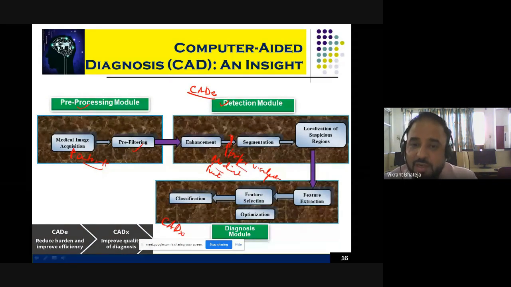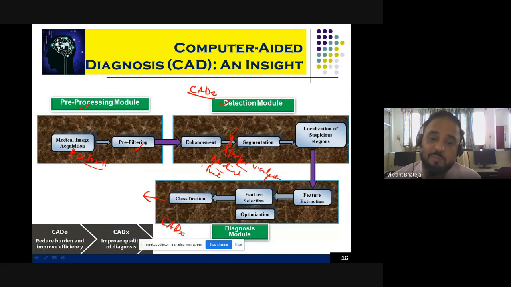Now, certainly, this decision made by the medical expert at this stage can be further re-verified with the decision coming from the computer. So definitely the computerized tool behaves like a second opinion device, just to validate the decision made by a doctor or a medical expert.